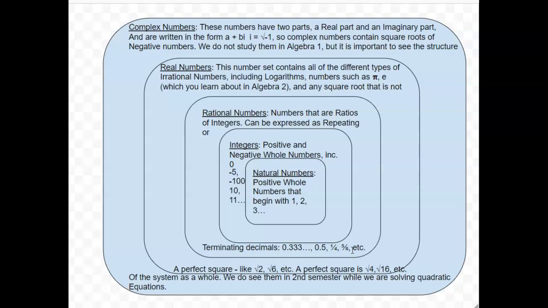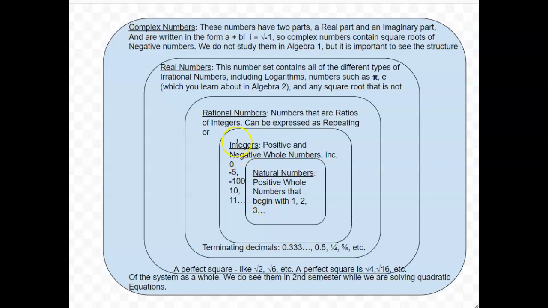They can be expressed as repeating decimals like this 0.333..., which means it goes on forever. That happens to be 1/3. Or they can also be terminating decimals, which means they're decimals that have an end, like 0.5, which stands for 1/2, okay?